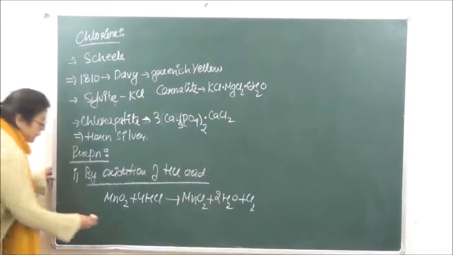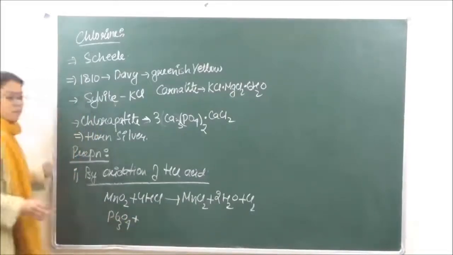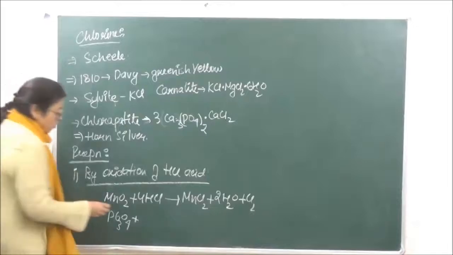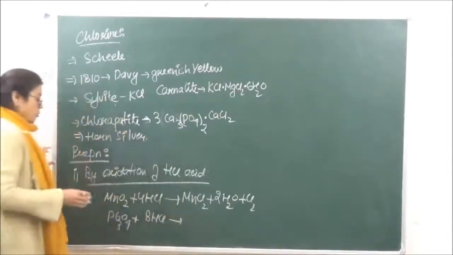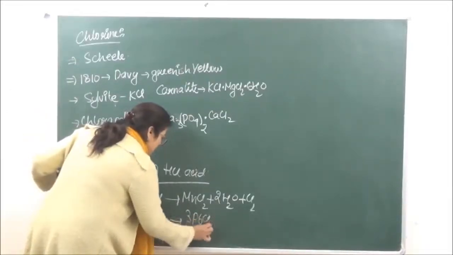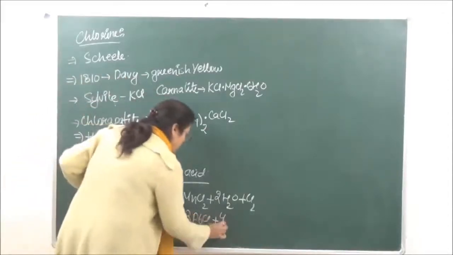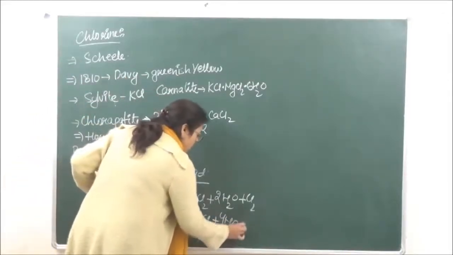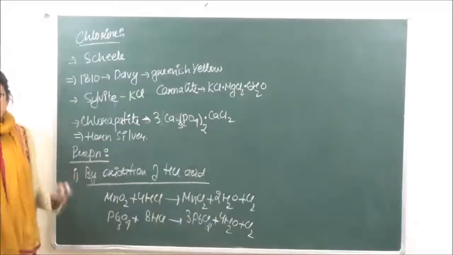Also with red lead, that is Pb3O4. When we react this with HCl, then it is going to give us PbCl2 plus water plus chlorine, right? So this is how we can get chlorine.